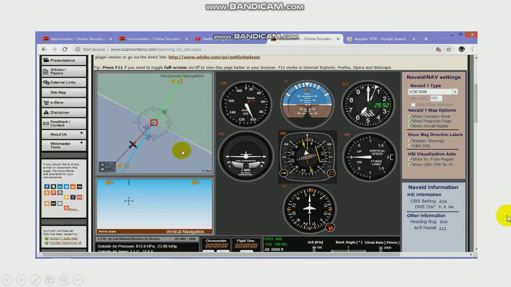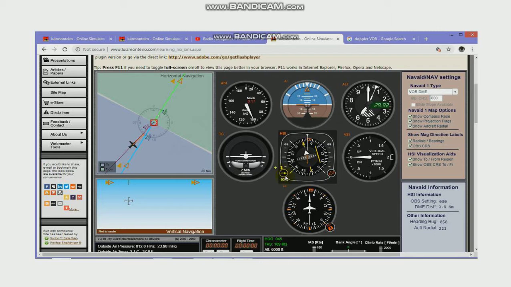This instrument is the horizontal situation indicator. It is like a combination of the CDI, OBS, and the RMI because you can choose your desired radial here by rotating this knob.